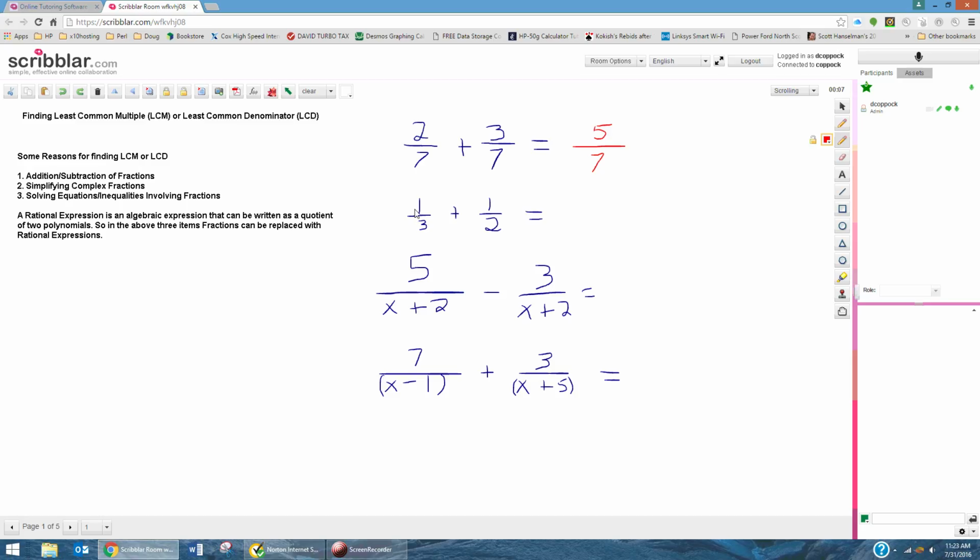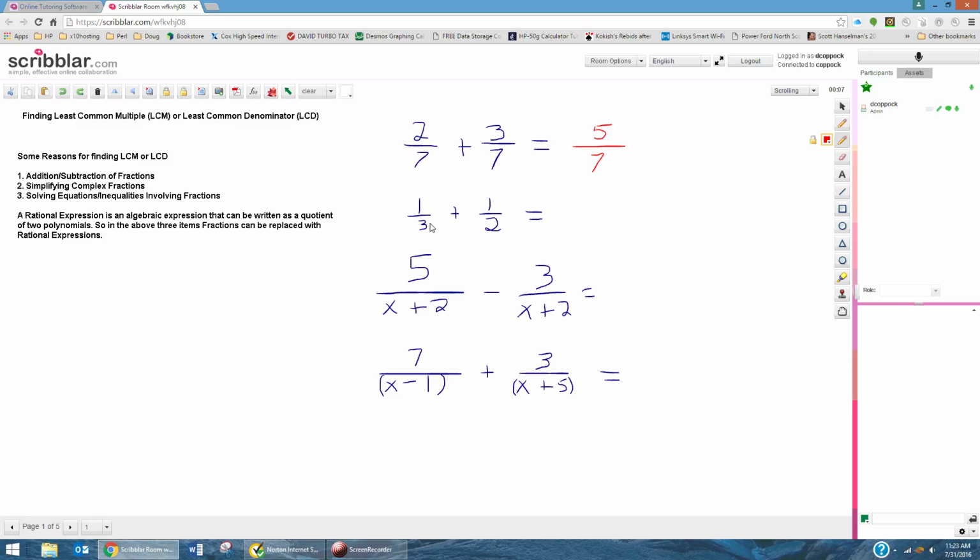But for these two fractions, 1/3 plus 1/2, the denominators are not the same. This is where we have to find the least common denominator. And that least common denominator is a number that both 3 and 2 will divide into evenly.